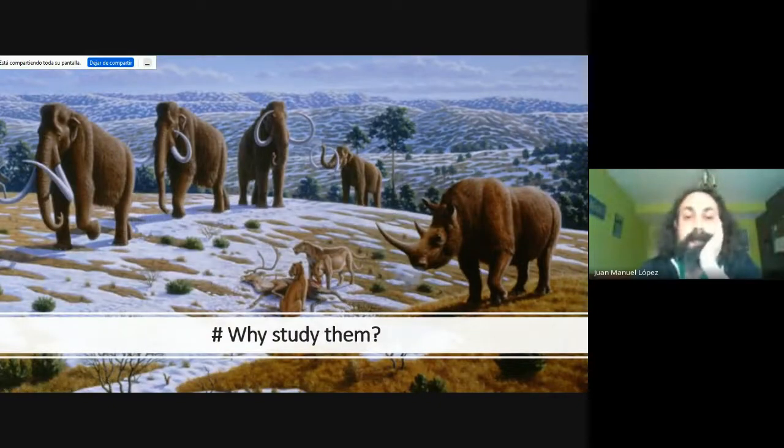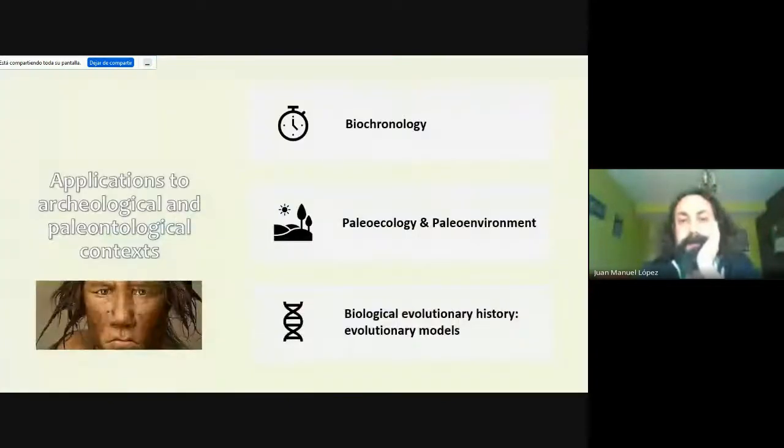Okay, why do we study these small mammals in this case, or small vertebrates? Different approaches, like biochronology, paleoecology, and paleoenvironment, or biological evolution history, or evolutionary models. I'm going to speak here only about biochronology and paleoecology and paleoenvironment, which are the three main research lines that you can find in archaeological or paleontological sites.